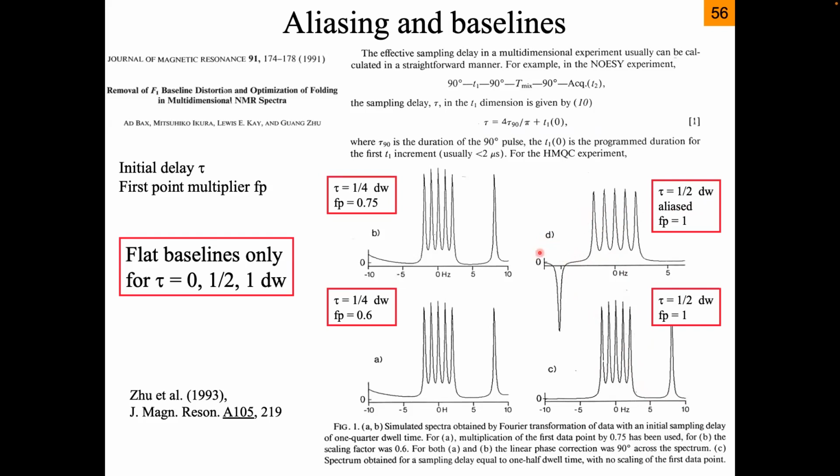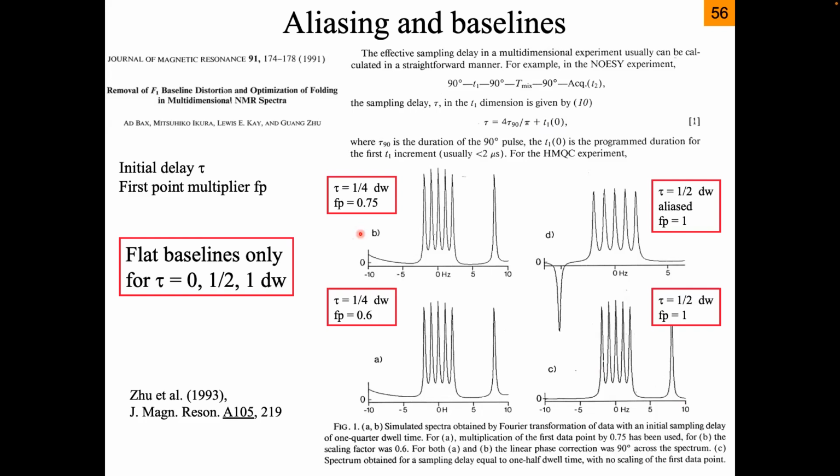And now the take-home message from all this paper is that you get flat baselines after the Fourier transform only if your initial delay is either half a dwell time, a full dwell time, or 0 dwell time. Half a dwell time and full dwell time are easy to achieve. 0 dwell time we cannot really achieve in this HMQC, for example, because you had these 90-degree pulses and there's already evolution happening.